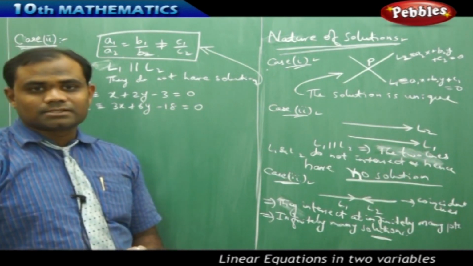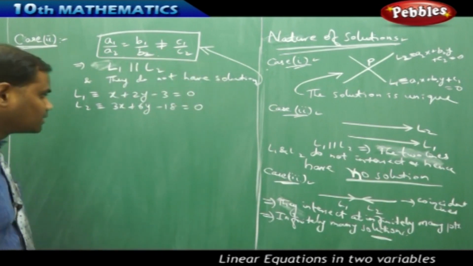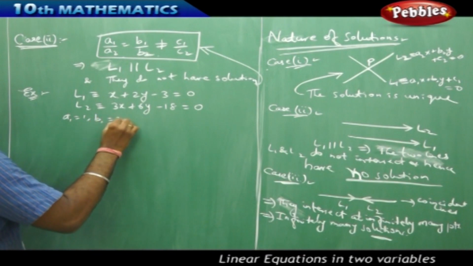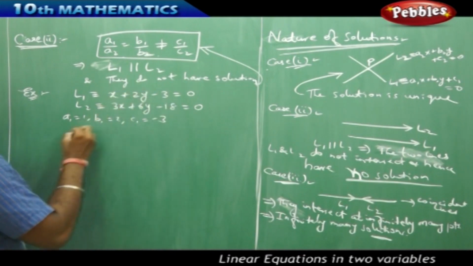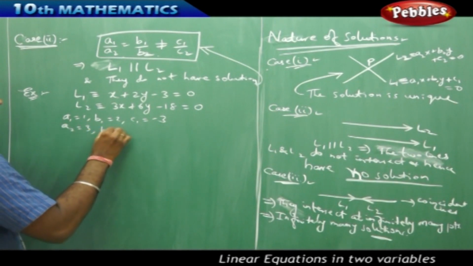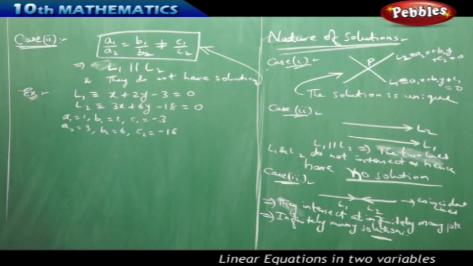Now these are the two lines which I wanted to test with the given condition. So we clearly know that my a1 is 1, b1 is 2 and c1 is minus 3, and coming to the second line, my a2 is 3, b2 is 6 and c2 is negative 18.